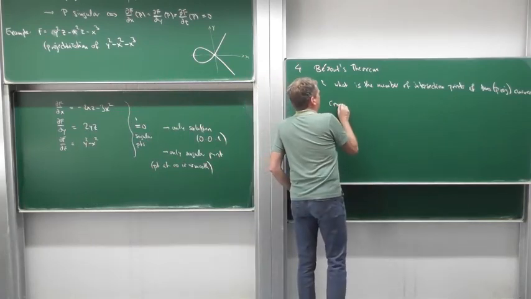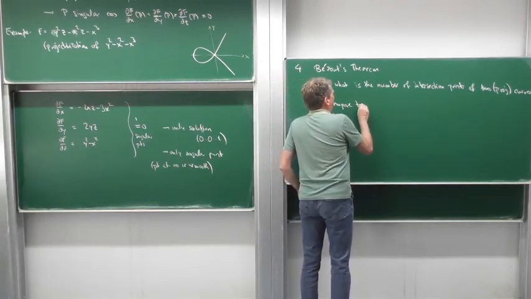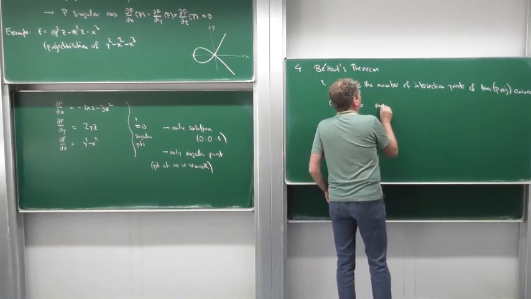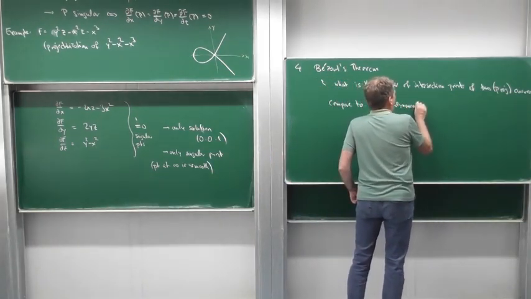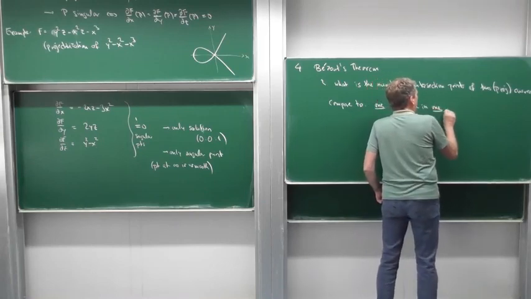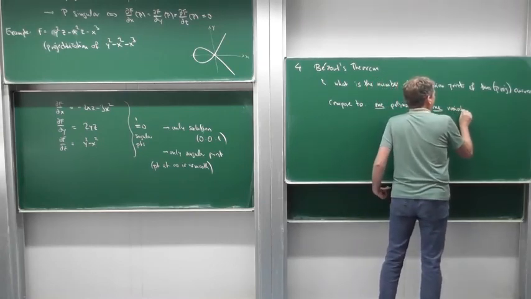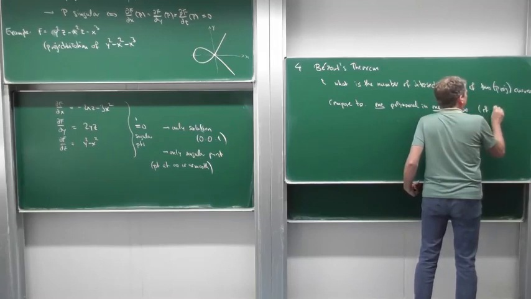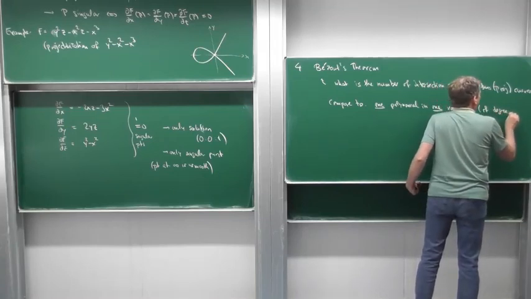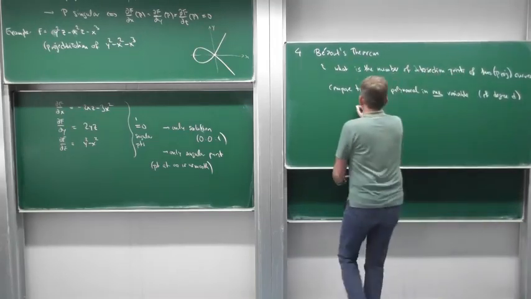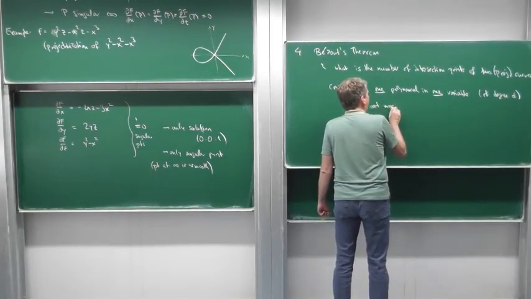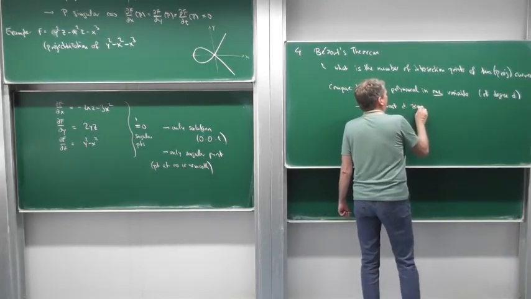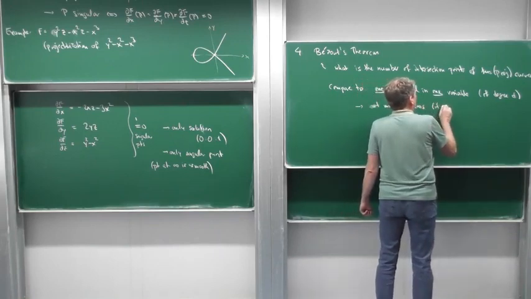So we compare this to, if we have one polynomial in one variable, say of degree d, then we know that we have at most d zeros if counted with multiplicity.